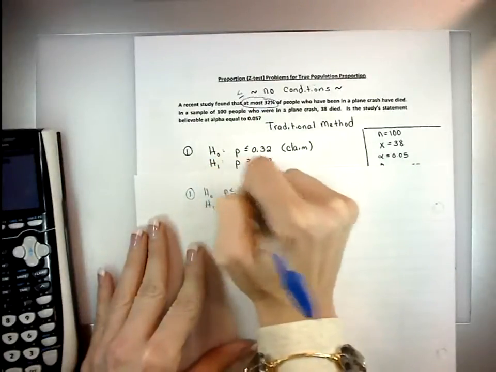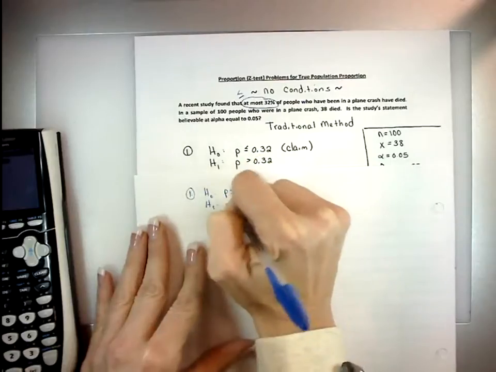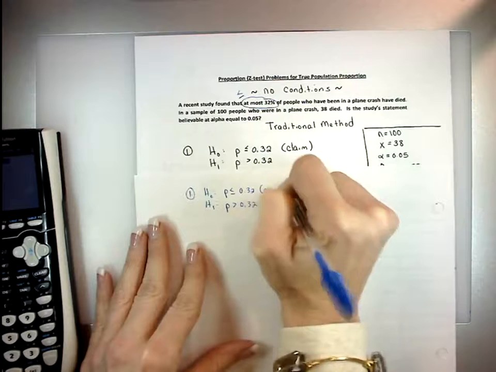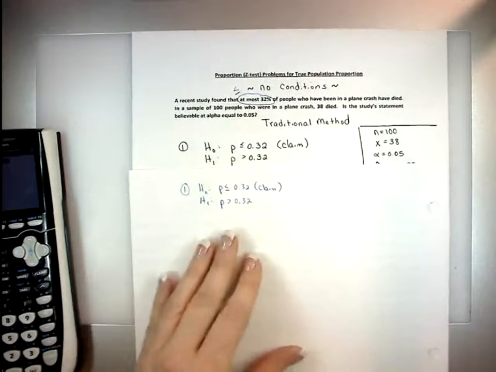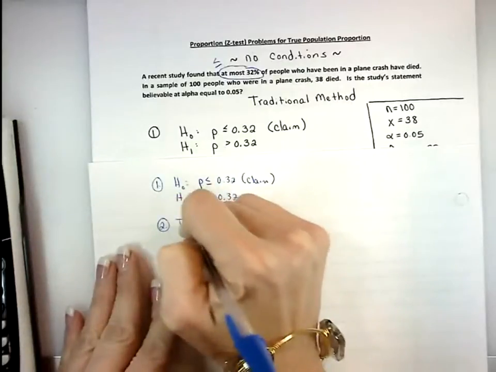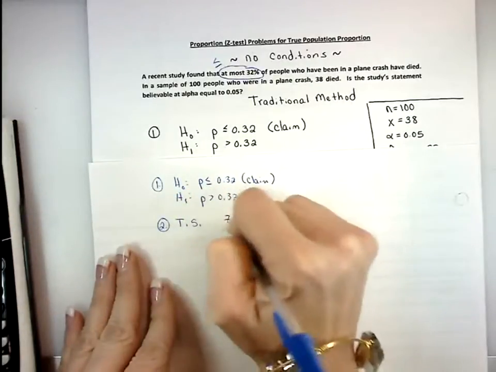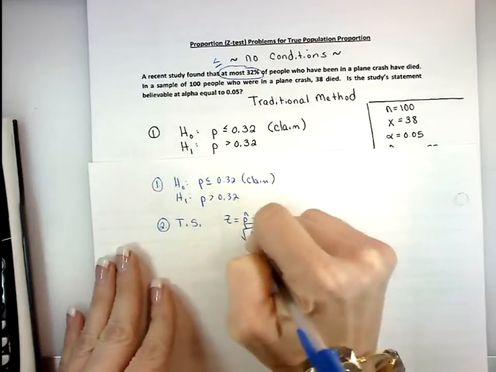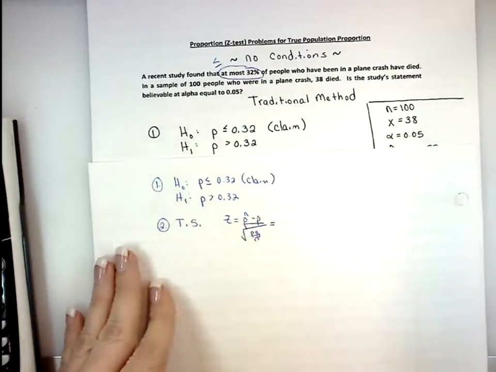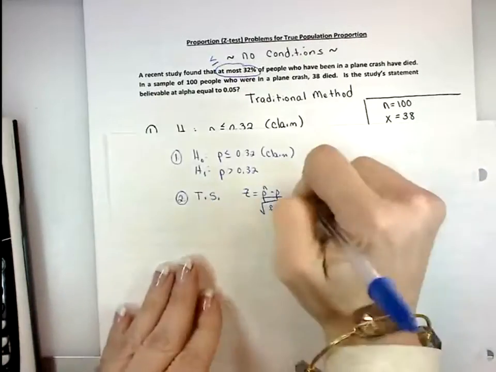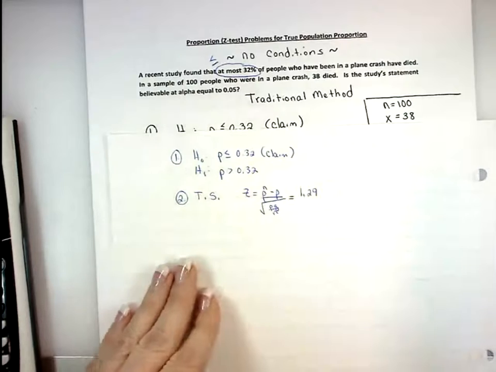P is less than or equal to 0.32. P is greater than 0.32, and the claim is the null. At most 32% of people who've been in a plane crash have died. Step number 2 of the p-value method is to go ahead and determine the test statistic. I'll say TS. And that's the p-hat minus the p over the square root of p times q over n. And that's what we just got, 1.29, for the test statistic.